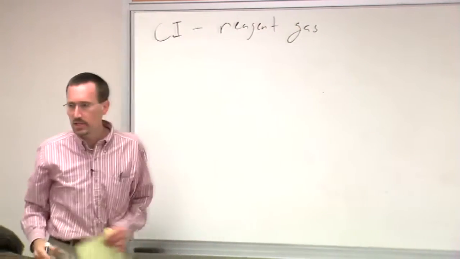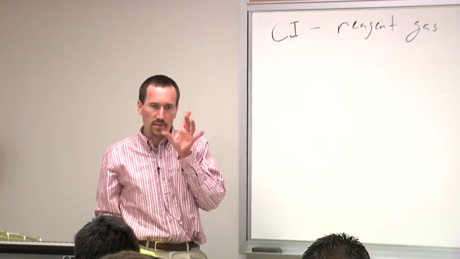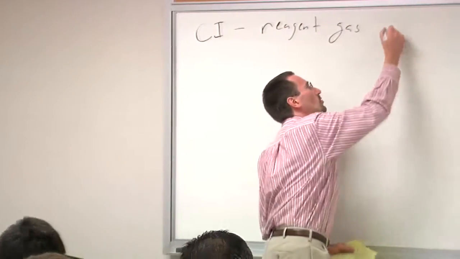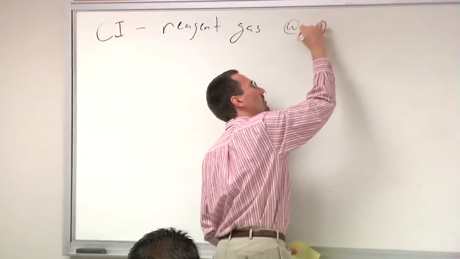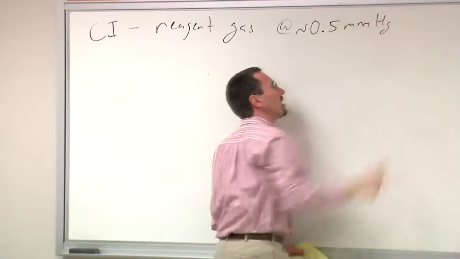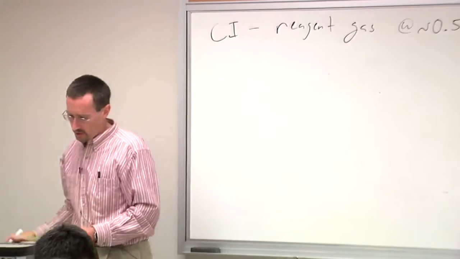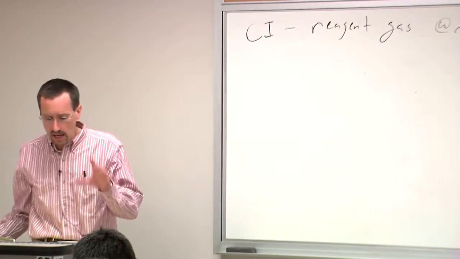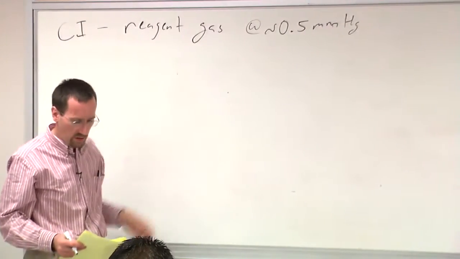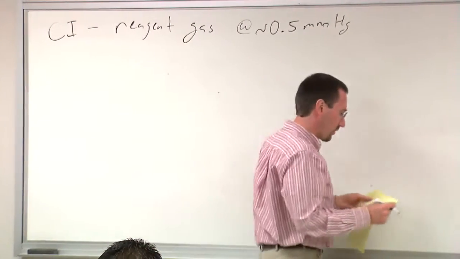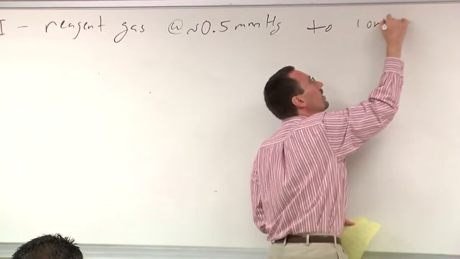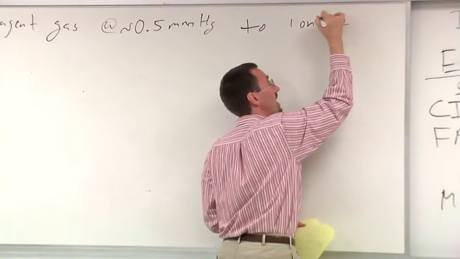But unlike the conditions for ionization in mass spec, which are a very high vacuum, we're doing that under a weak vacuum at about 0.5 millimeters of mercury. Under those pressures, the ions you're generating of the reagent gas are colliding with each other, and what they're doing is making acids.